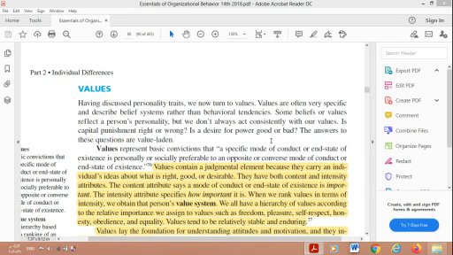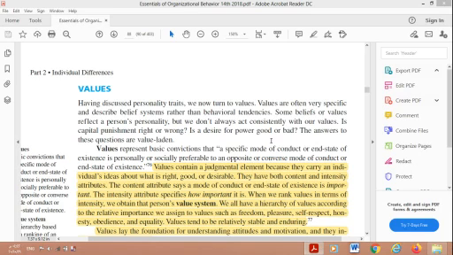Some are on the top of this value system, which is very important for us, and the others are at the bottom level of the value system, which is not important for us. So we don't always act consistently with our values.